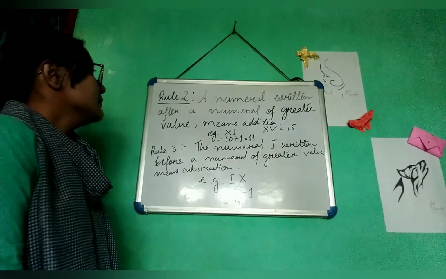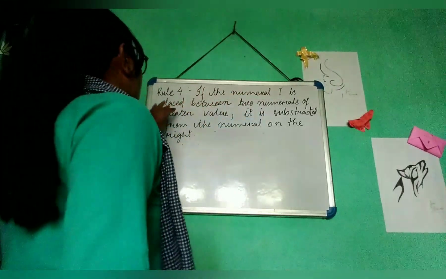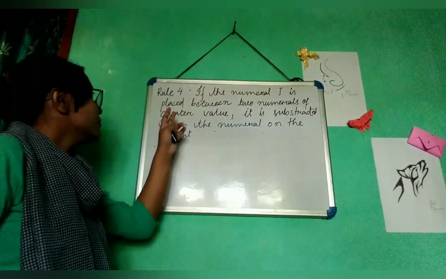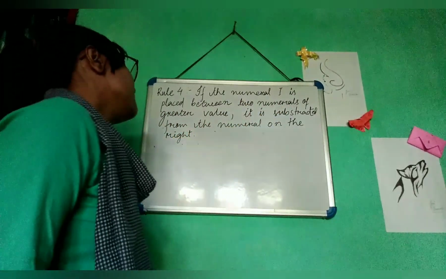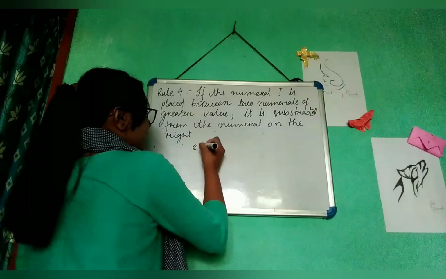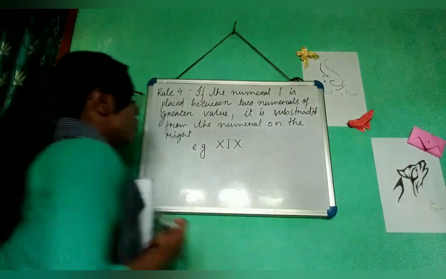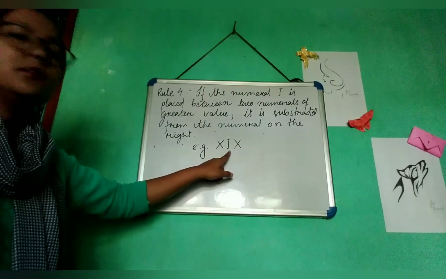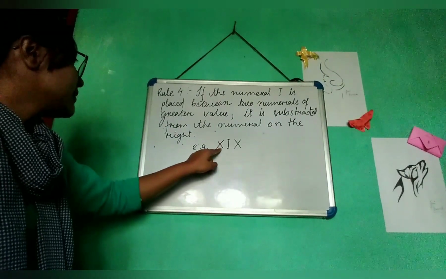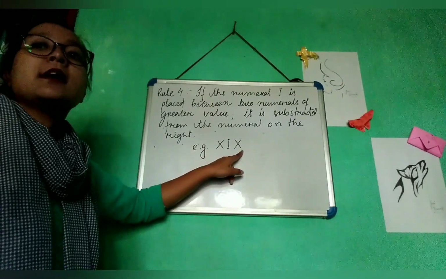This is rule number 4. If the numeral I is placed between two numerals of greater value, it is subtracted from the numeral on the right. For example, I am putting a number. I is between these two numbers. This value is 10, this value is 1, this value is 10.